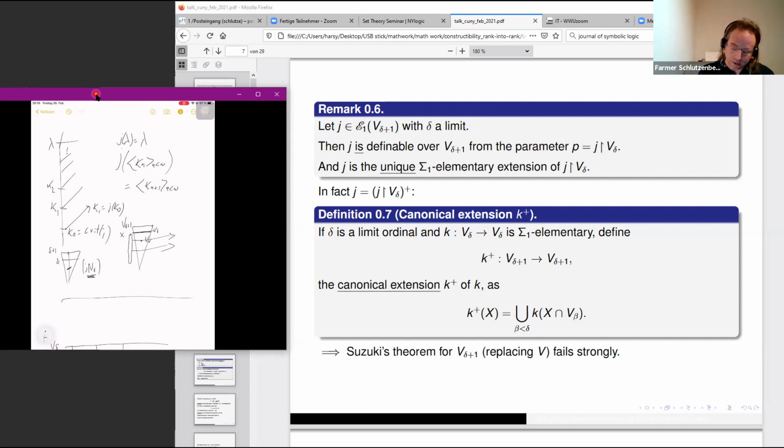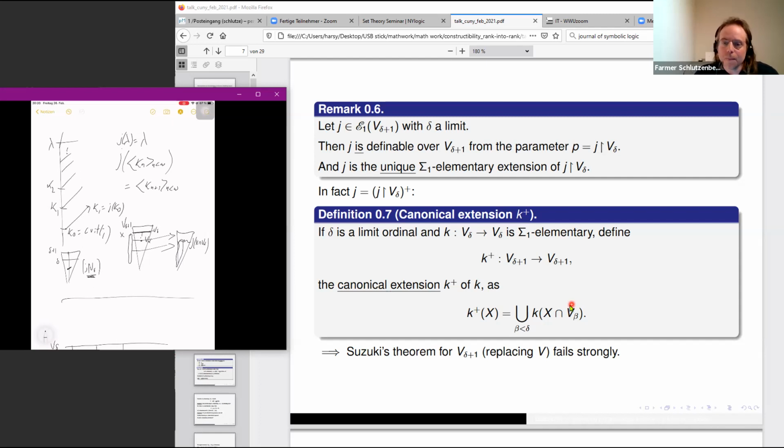Then we just take the union of them. So J of X intersect V alpha is some piece down here. We let alpha vary over all ordinals less than delta, move all those pieces across, and take the union. That's what this is doing. I'm writing J here, but it should have been K in the diagram.